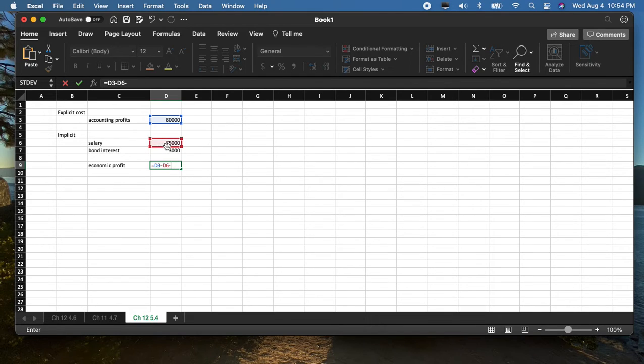I'm sorry, the $75,000 is the money she was earning as a teacher. So she's no longer earning that, and she's also not earning the $3,000 in interest from the bond. So that's her opportunity cost or implicit cost. So that's really simple. Our answer will be $2,000.